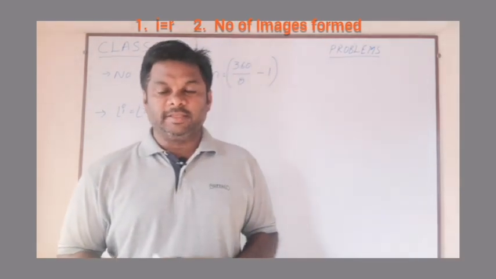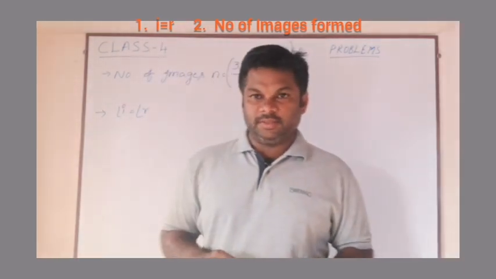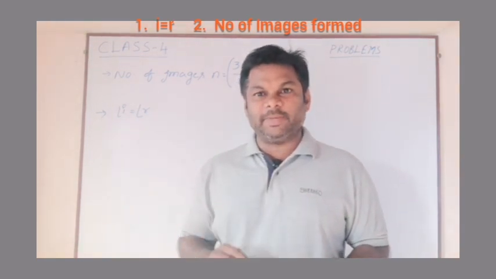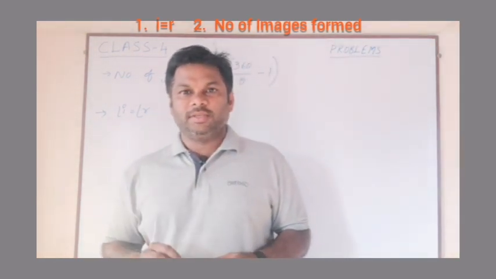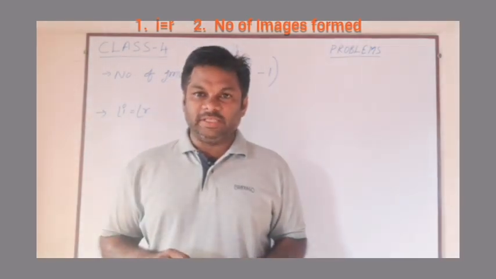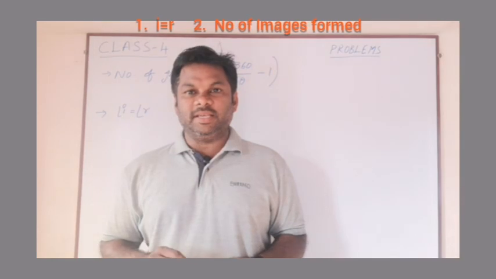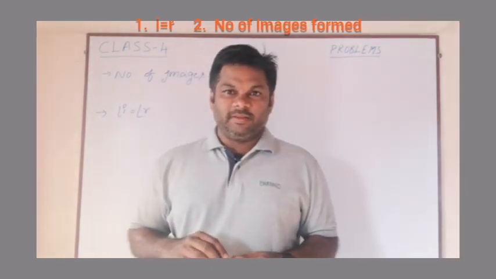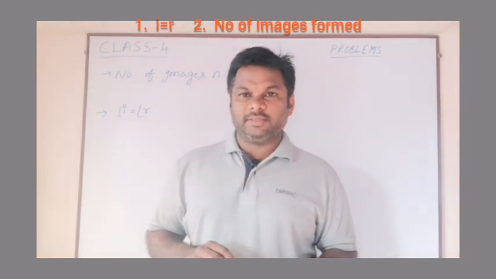Today in this class we are going to learn. In the past class we discussed Fermat's principle and saw that the angle of incidence is always equal to the angle of reflection. We proved two things last class.